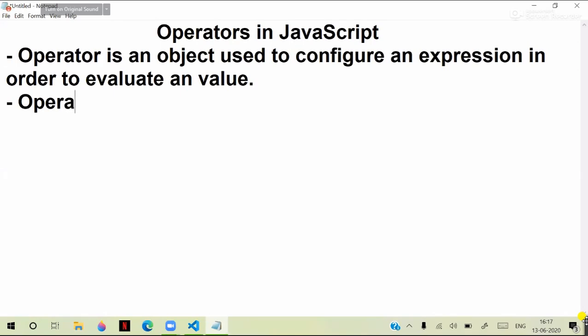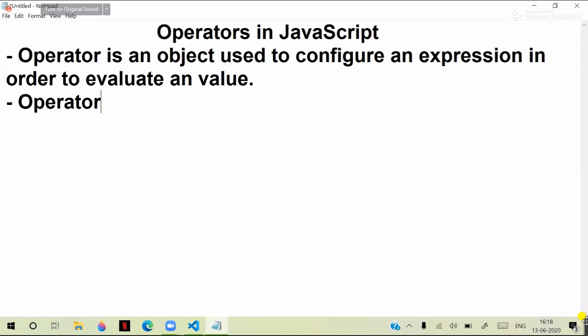Usually, technically, an operator uses operands, based on how many operands an operator uses.